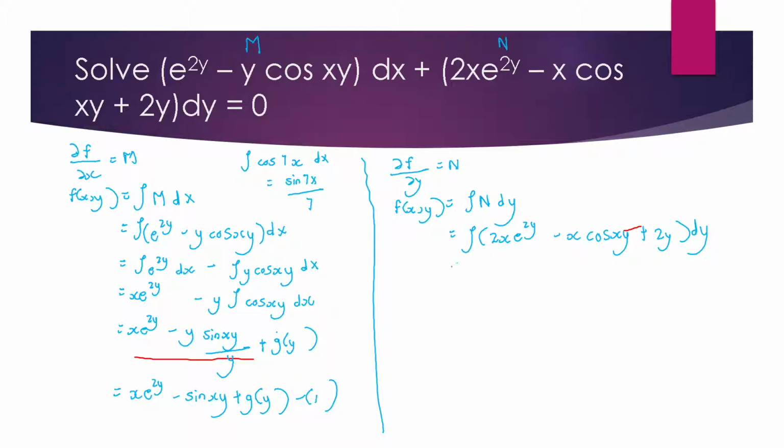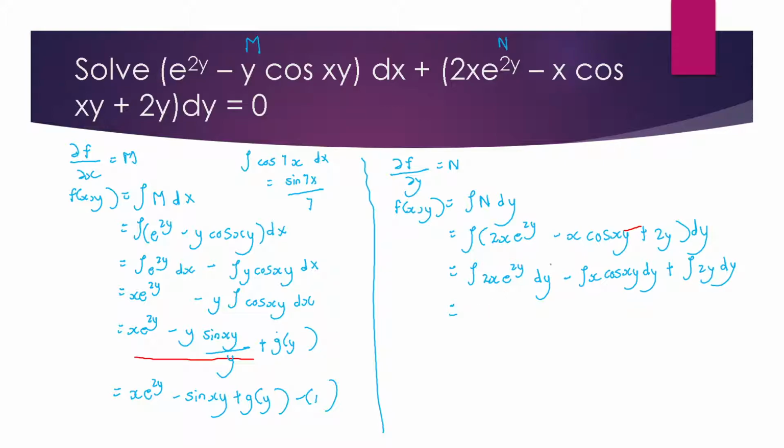Then you can break it term by term. You integrate the first term with respect to y, 2x e^(2y) dy, then minus the integral of x cos(xy) dy, plus the integral of 2y dy.